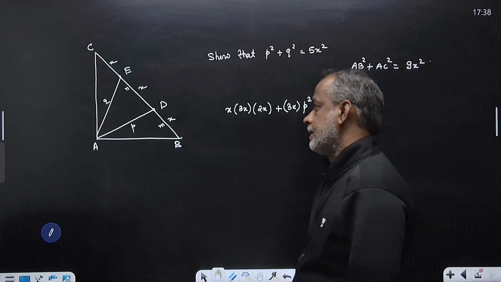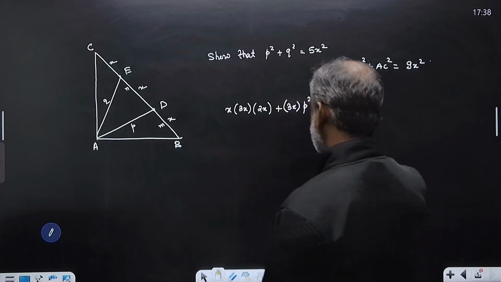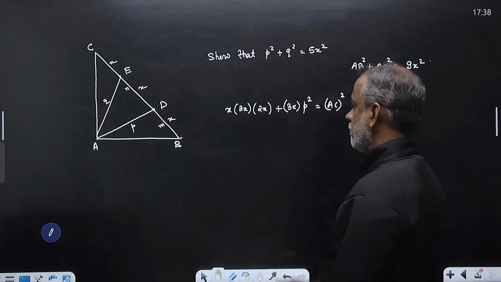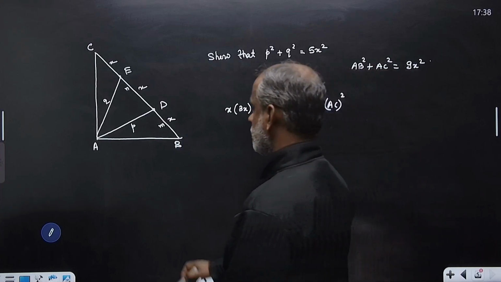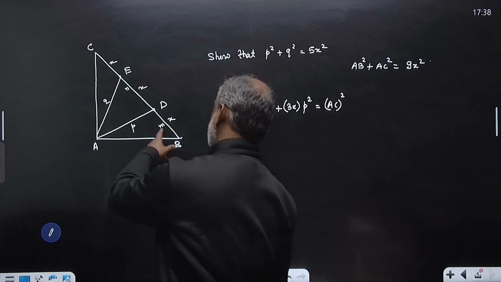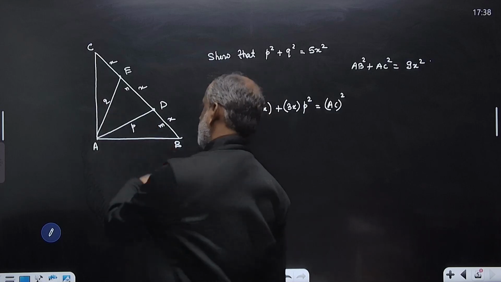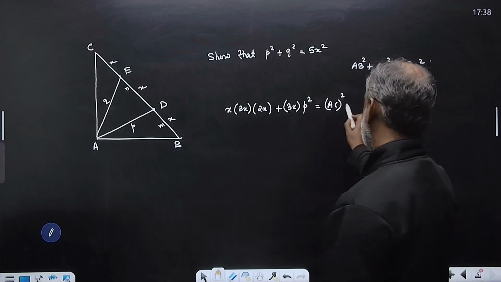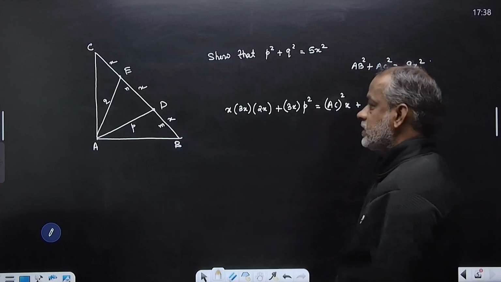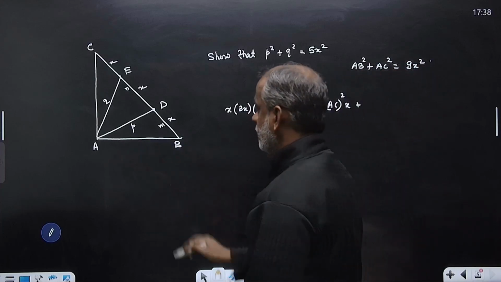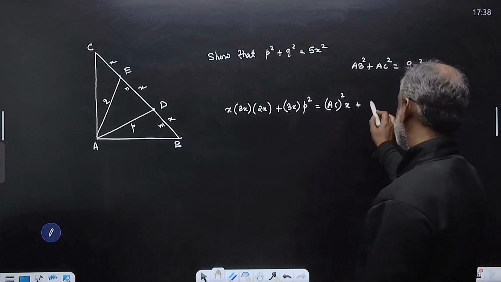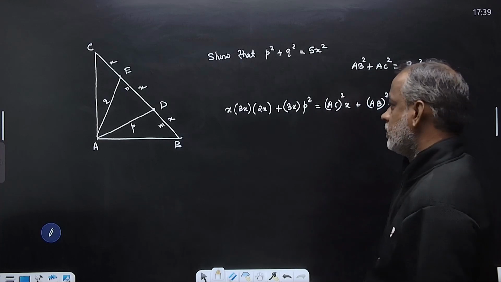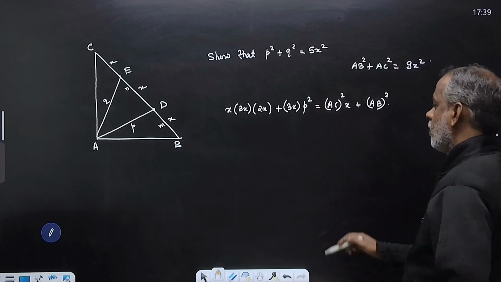Okay. So, AC square into x, plus AB square into 2x.